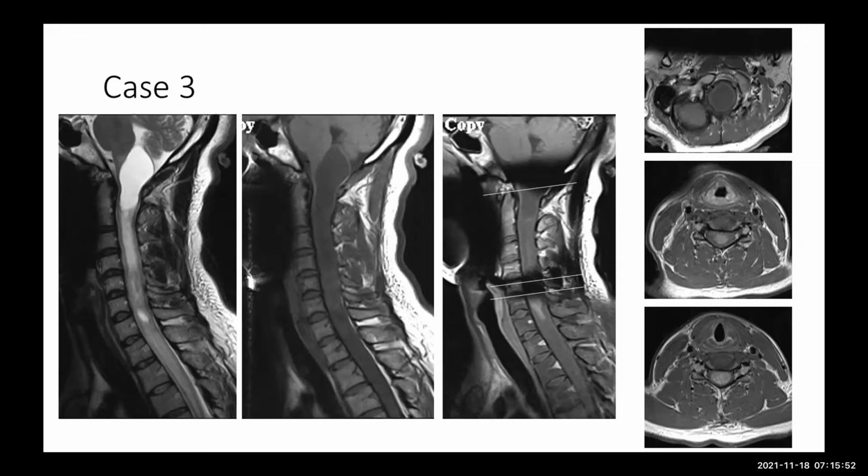Okay. So we always talk about the three main categories of spinal tumors. You know what those are? Intradural, intramedullary, extradural.